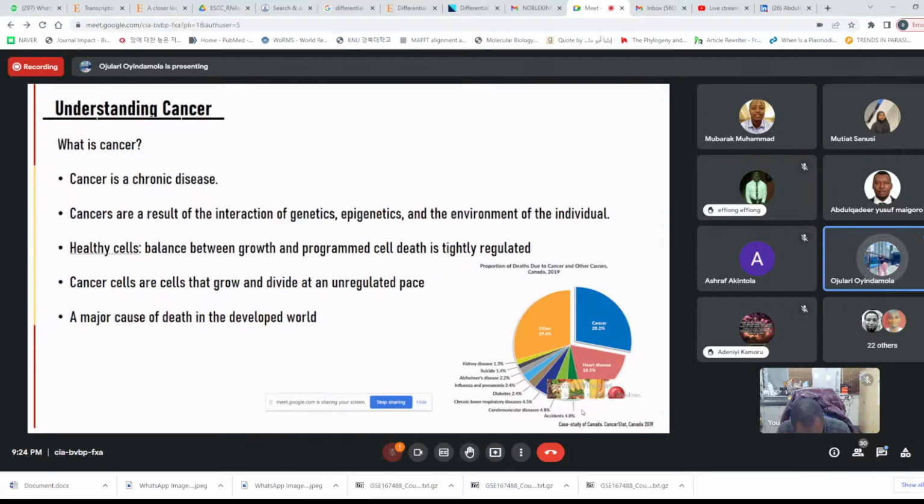So statistically speaking, globally, it's been recorded that a lot more people might develop cancer by the year 2030, and currently more than 1/3 of people in the world might develop cancer in their lives.